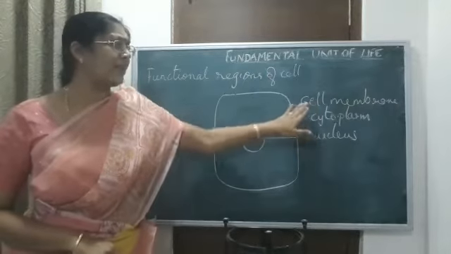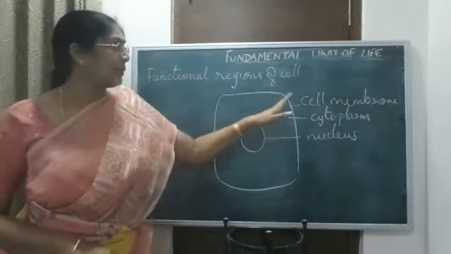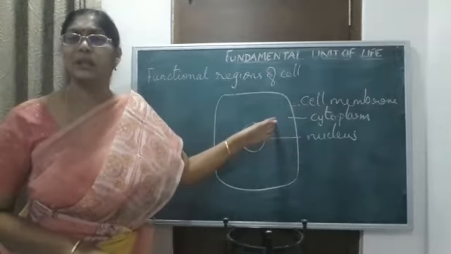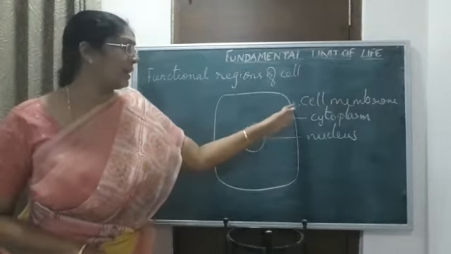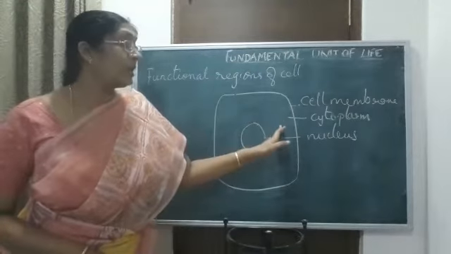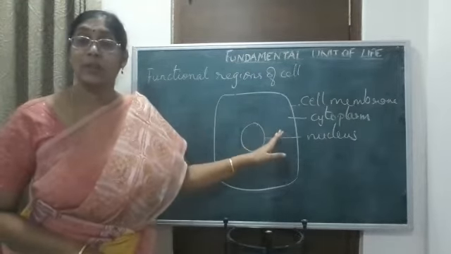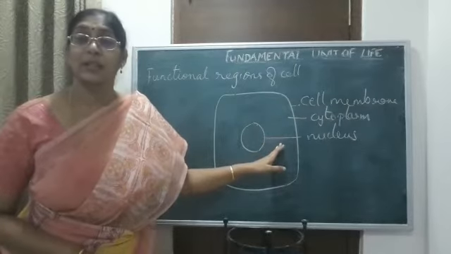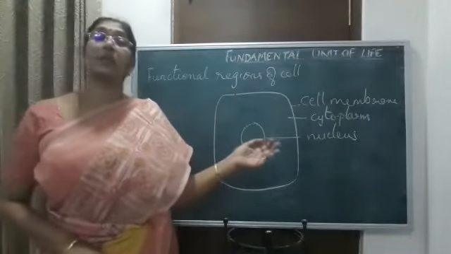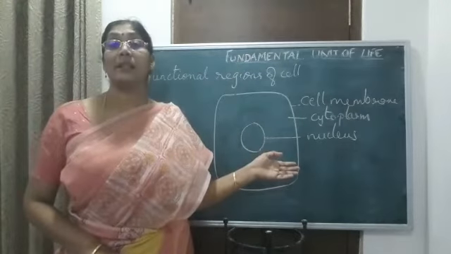All that is present in the environment cannot enter into the cell. The bacteria, toxic substances, and carbon dioxide will not be permitted into the cell. The cell membrane blocks them. And the waste that is produced, the carbon dioxide produced inside the cell, is sent out of the cell through the cell membrane.